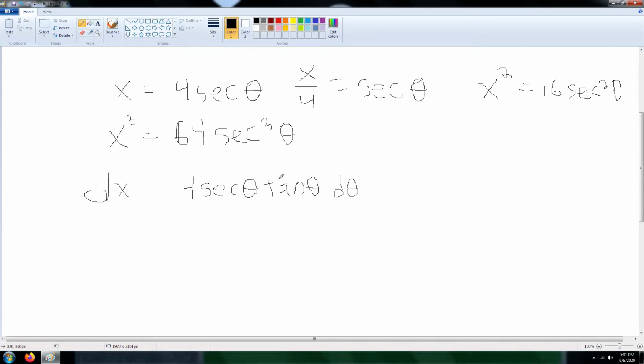So the question is, what is theta going to equal? Well, that's a good question. Theta is going to equal inverse secant of x over 4. Want to make sure that all of you can read it just fine.